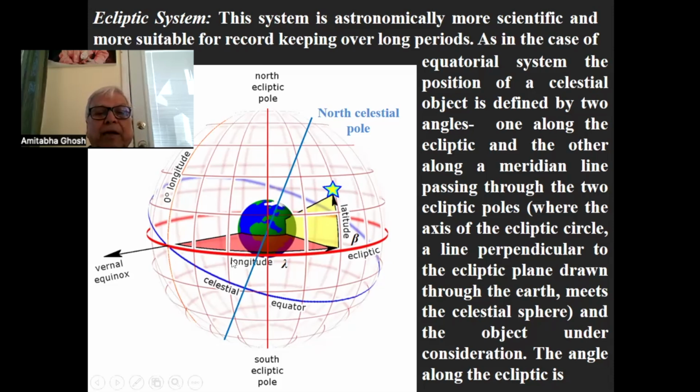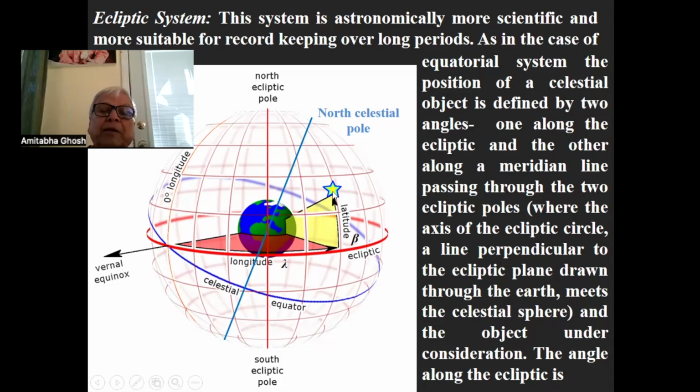Now here there are again two angles. One is along the ecliptic, just like the equatorial system. Suppose this is your object, whose coordinate you have to fix. You start from a reference point, and this angle is called longitude, represented by the symbol lambda.